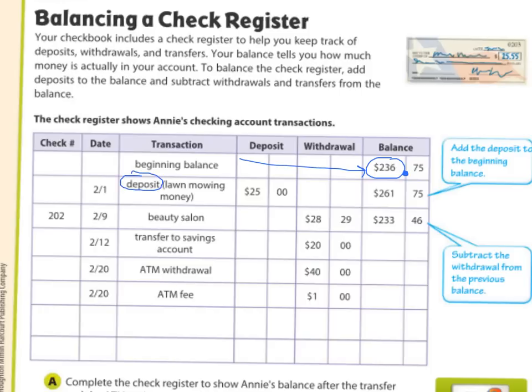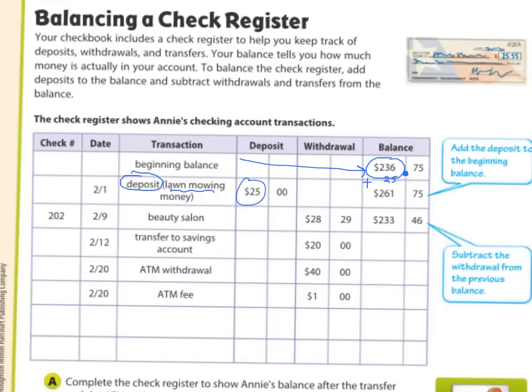That means he's putting money into his account. It's money that he made from mowing yards. So he got $25 for mowing a yard. And so what does he do? Does he add that or does he subtract it from the balance? He added it. Plus 25. I guess he did it in his head. I always had like an extra row where I added that.